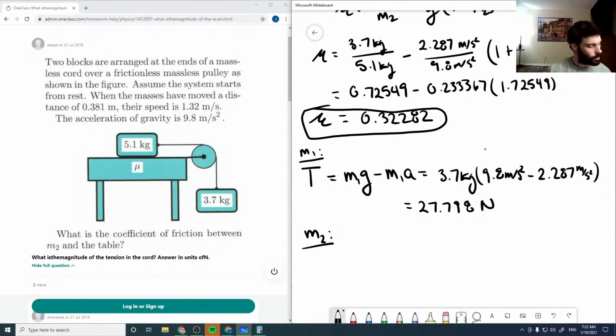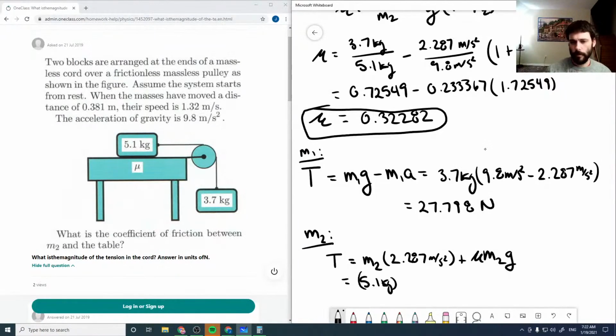So from our M2 equation, we would have that our tension is M2 times our acceleration, 2.287 meters per second squared, plus our coefficient of friction times M2 g, so 5.1 kilograms times 2.287 meters per second squared, plus 0.32282 times our mass times our acceleration due to gravity.